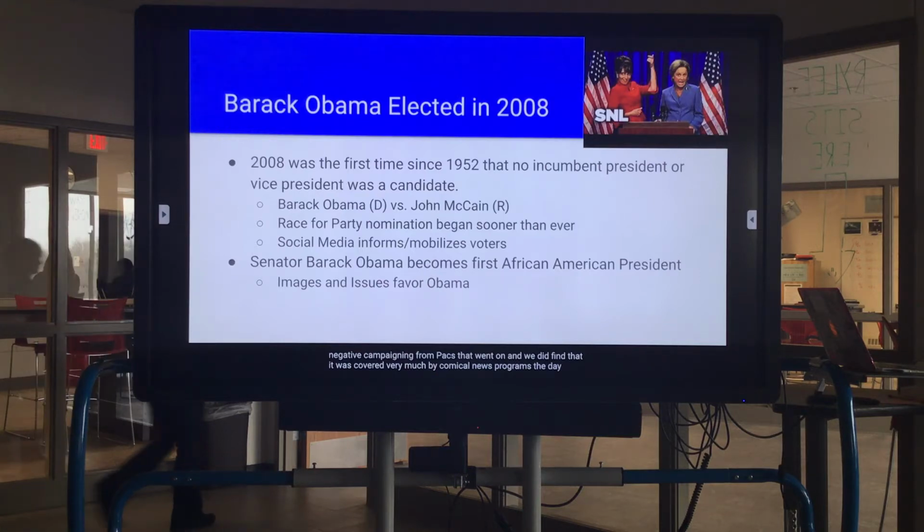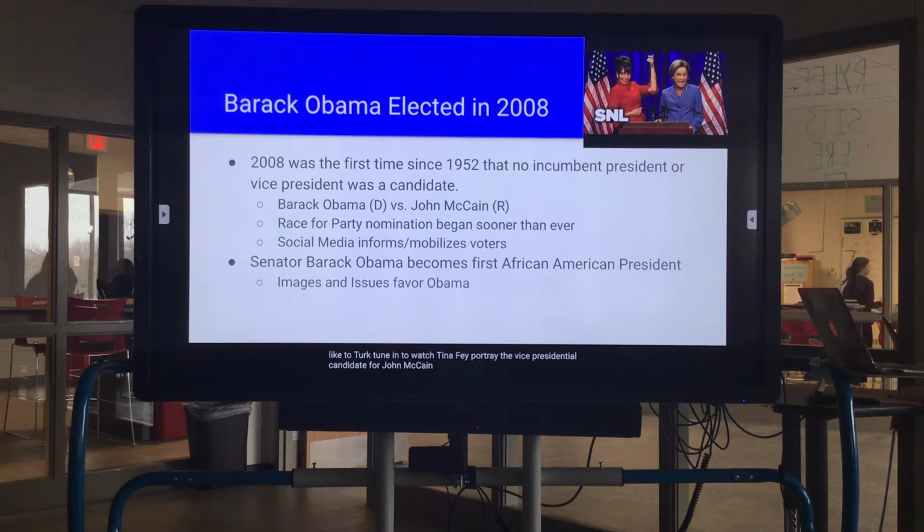The Daily Show with Jon Stewart was huge at this time. And people definitely liked to tune in to watch Tina Fey portray the vice presidential candidate for John McCain, who was Sarah Palin. That's not actually Sarah Palin on the left. That's Tina Fey pretending to be Sarah Palin. But they thought it was pretty funny.